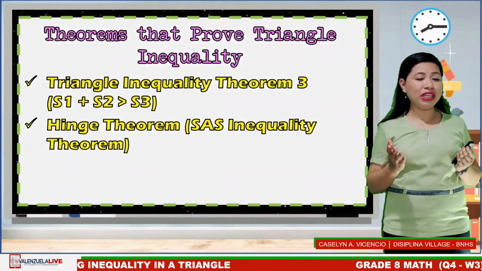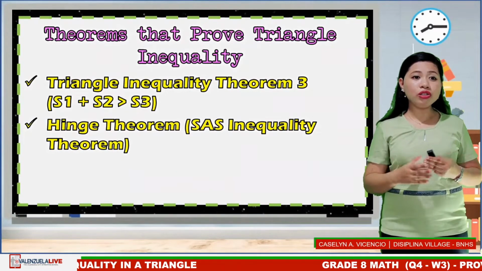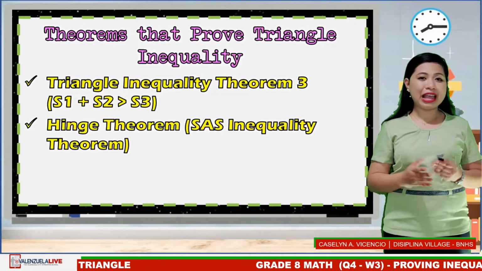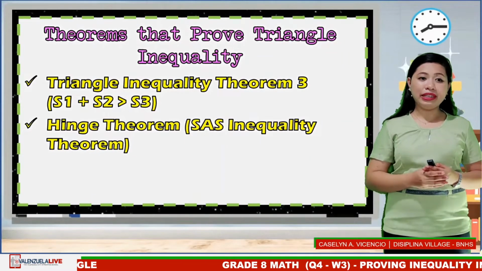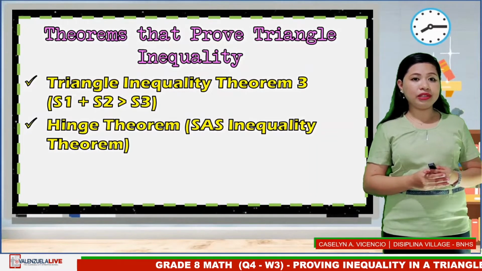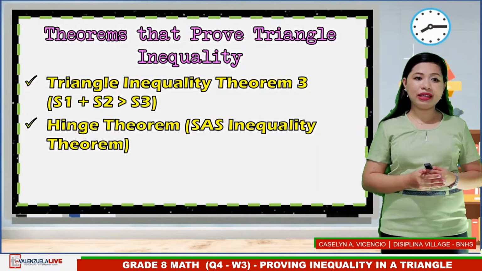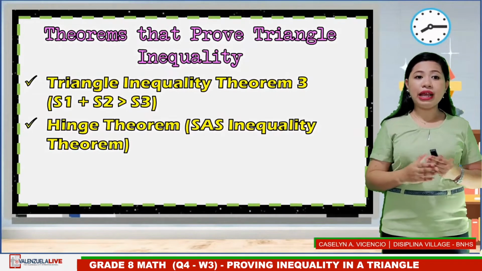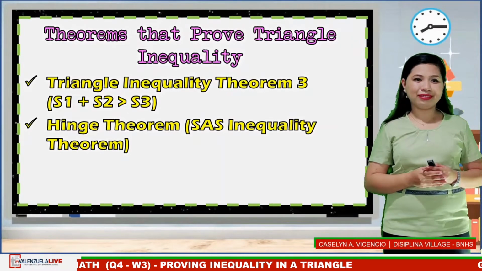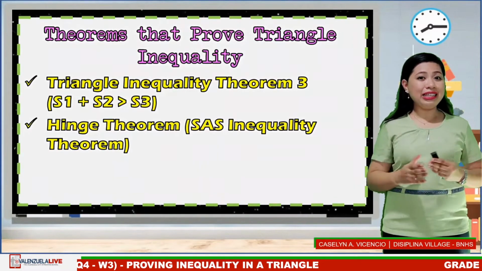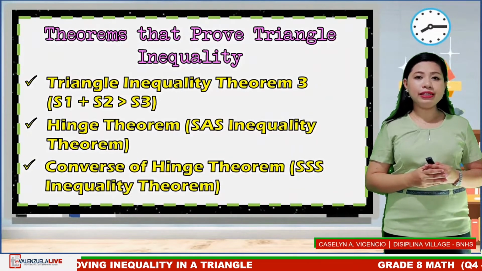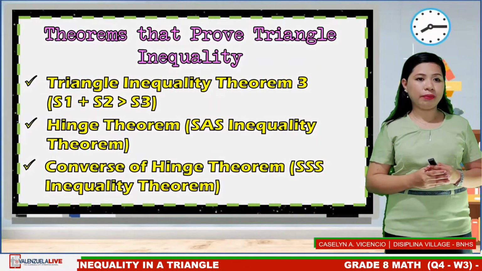We also have the hinge theorem, also called the SAS inequality theorem. This theorem states that if two triangles have two sets of congruent sides, the larger included angle will have the longer side. Lastly, the converse of the hinge theorem, or the SSS inequality theorem.